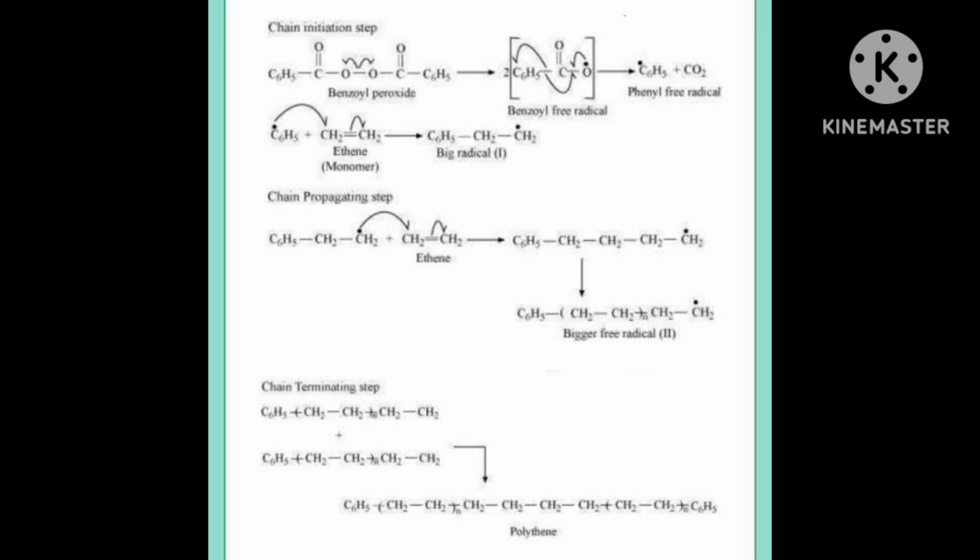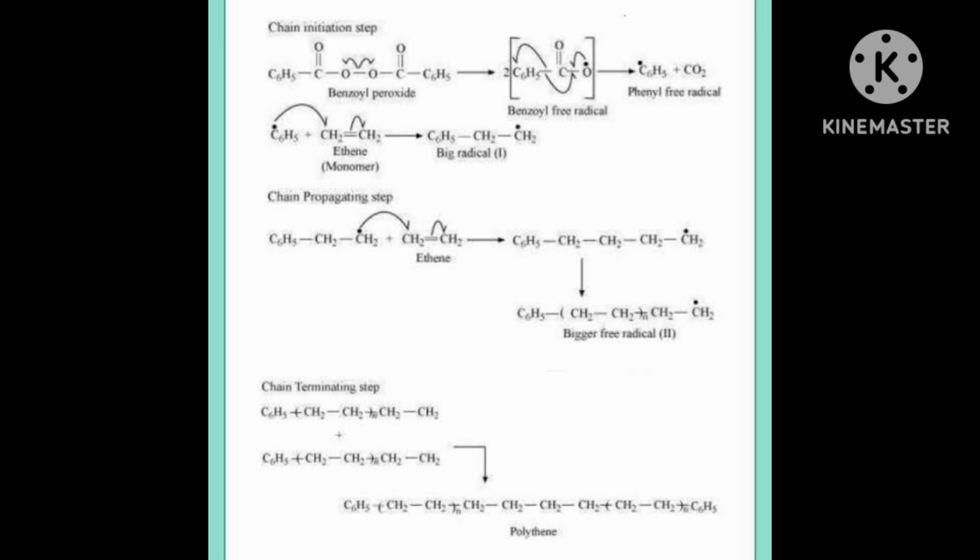Means C6H5C double bond O, but that one is a double bond, the other is a single bond, and that oxygen has one electron, it is in radical form. Then two radicals will form, correct?